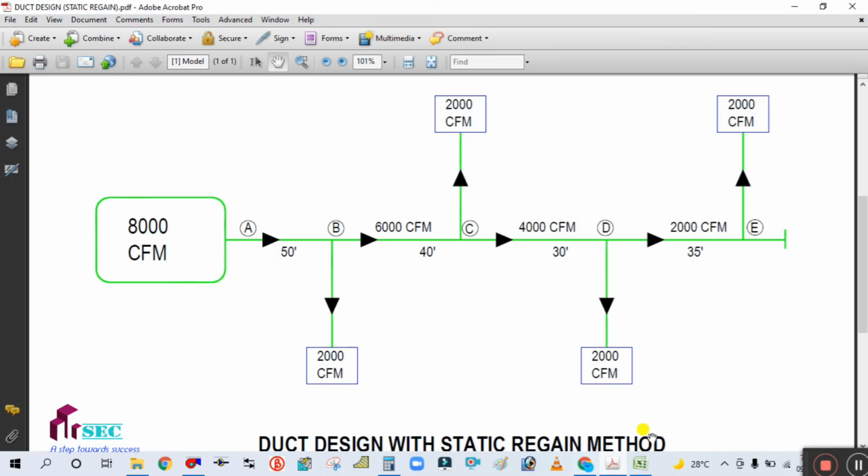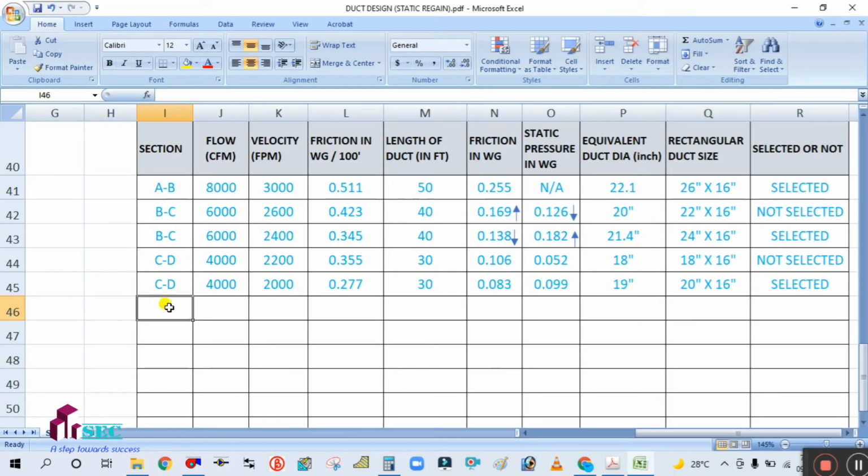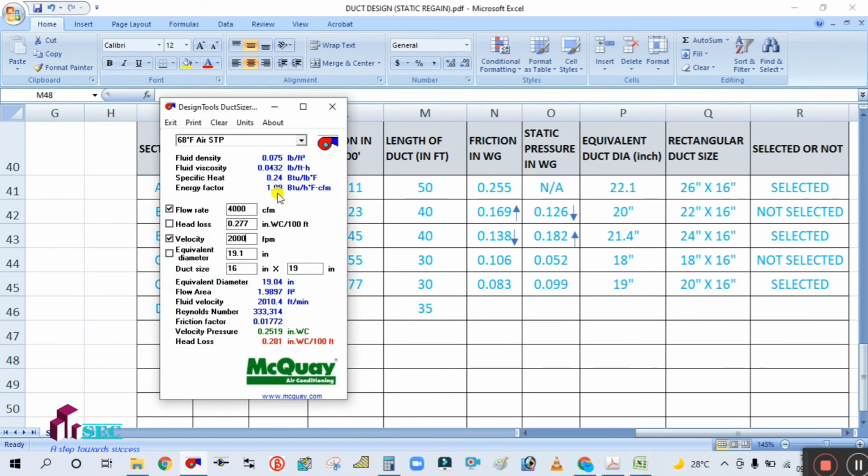So D to E here. What will be your flow? CFM is 2000 and now we are assuming 1800. Just assume velocity and check. And duct length is 35 feet. Okay, so 35 feet. And put these two values here, 2000, and velocity is 1800 feet per minute.